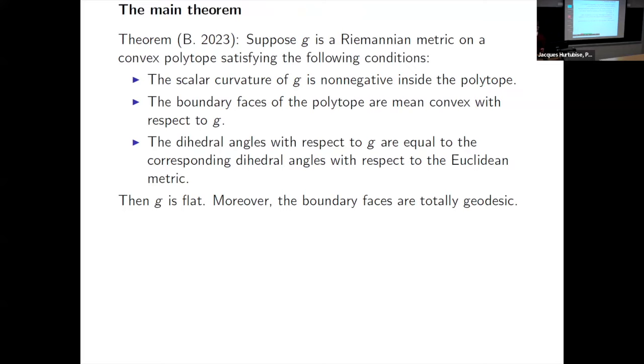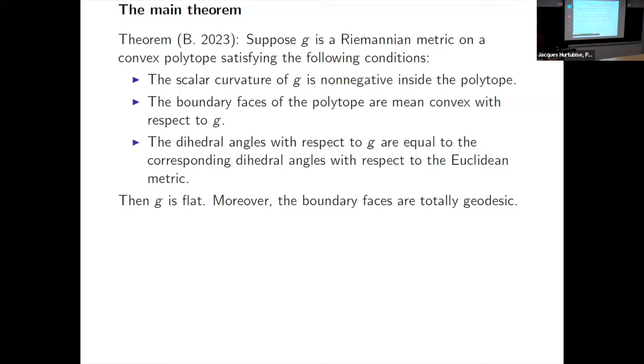Namely, I want to assume that I have a metric on a polytope such that the scalar curvature is non-negative on the inside, the mean curvature is non-negative on the boundary, and then I want to assume that the angles computed with respect to g are equal to the angles computed with respect to the Euclidean metric.